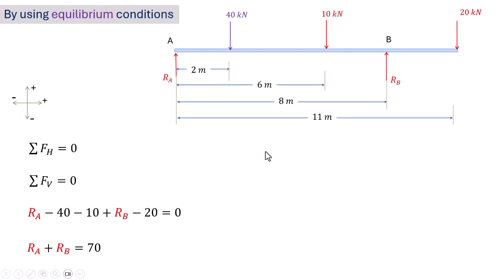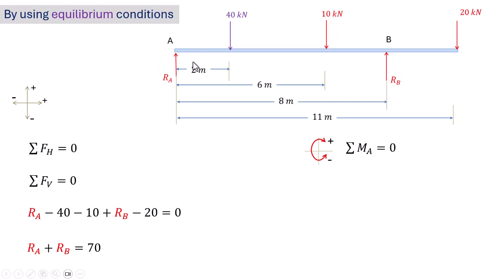To find the unknown force RB, we take the sum of moments about point A. This is the sign convention we are going to use. The line of action of reactive force RA passes through point A, hence it does not create a moment.